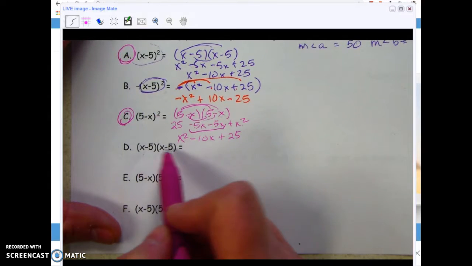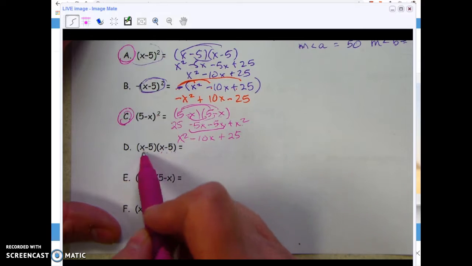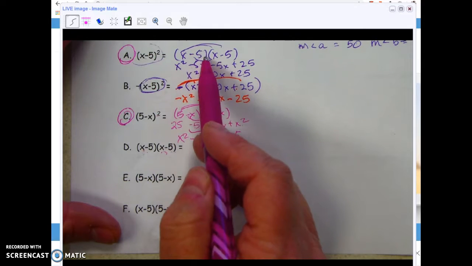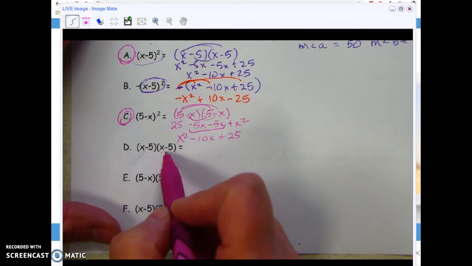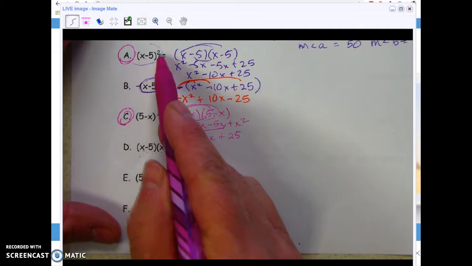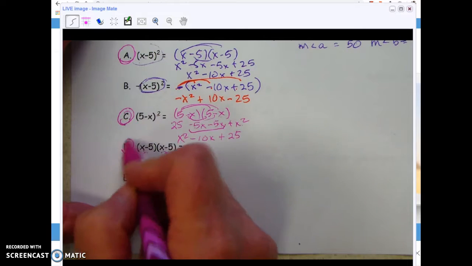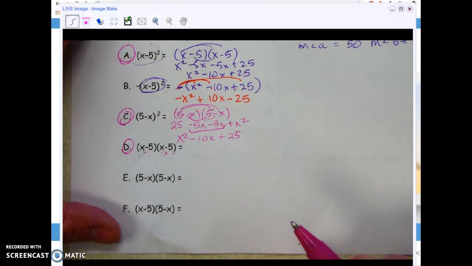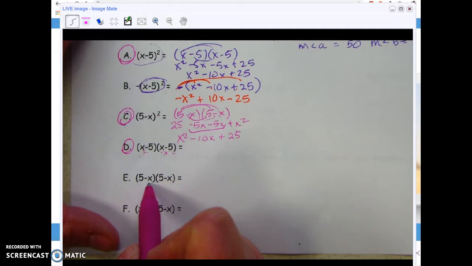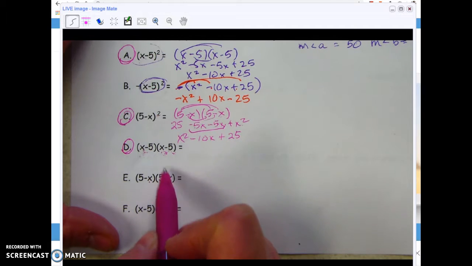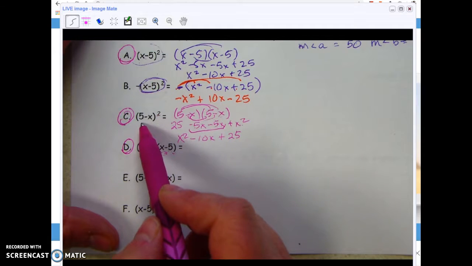Now, I'm looking at this, x minus 5, and what they did was expand it. It's going to be exactly like that. I don't even need to multiply it out. That is x minus 5 squared. This is x minus 5 squared. We just wrote it twice. So that is going to equal that. Now I look at this one. x minus 5, the same thing as this.